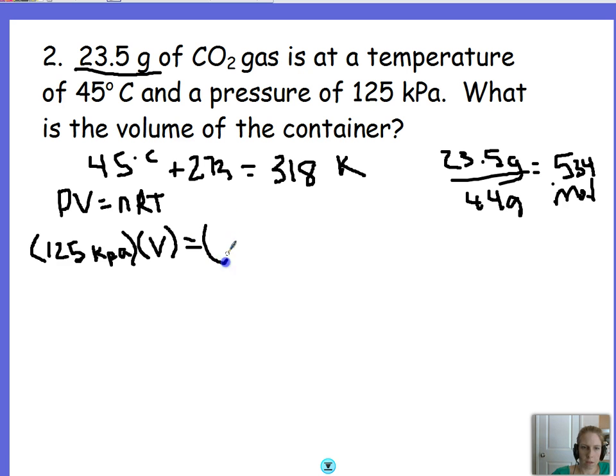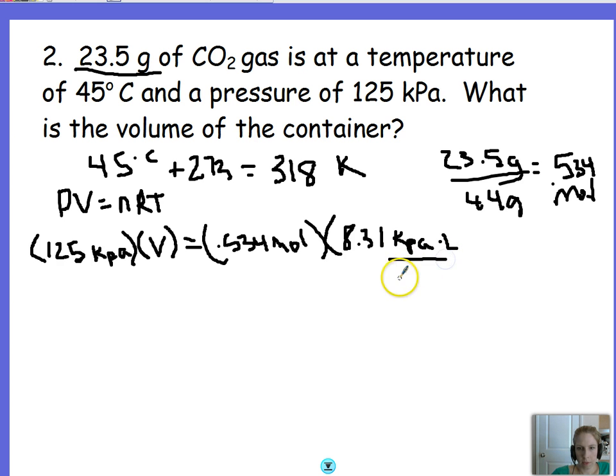So now we can plug in our 0.534 moles times our gas constant. We're going to use our 8.31 kPa times liters over moles times Kelvin.